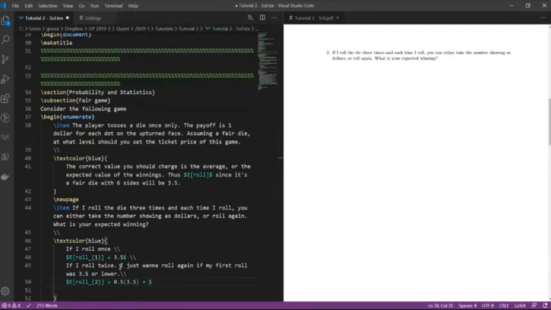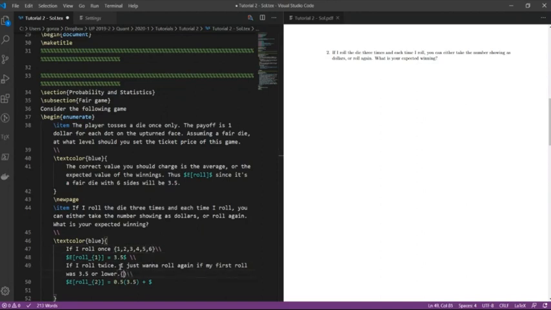Now if I roll again, then my subset should no longer be 1, 2, and 3, right? So if I roll again, my set over here was 1, 2, 3, 4, 5, 6.